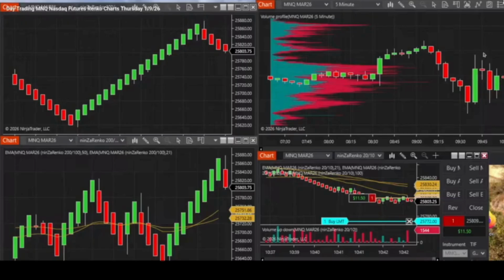So you're in the middle of this range, and this range. But I'm not looking at all of this mashup here. The Renko charts kind of give you a little better, smoothed out price. That's why I use them.